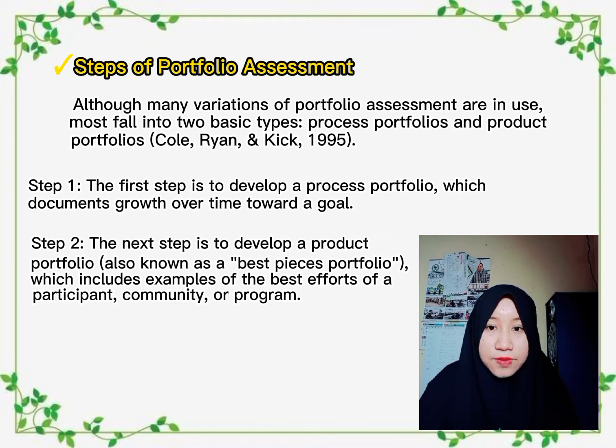Product or best pieces portfolios encourage reflection about change or learning. The program participants, either individually or in a group, are involved in selecting the content, the criteria for selection, and the criteria for judging merit and evidence that the criteria have been met.